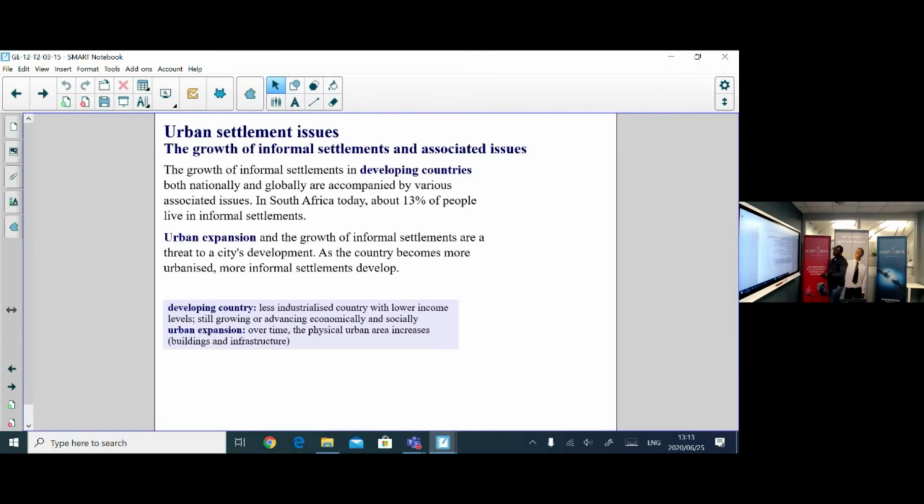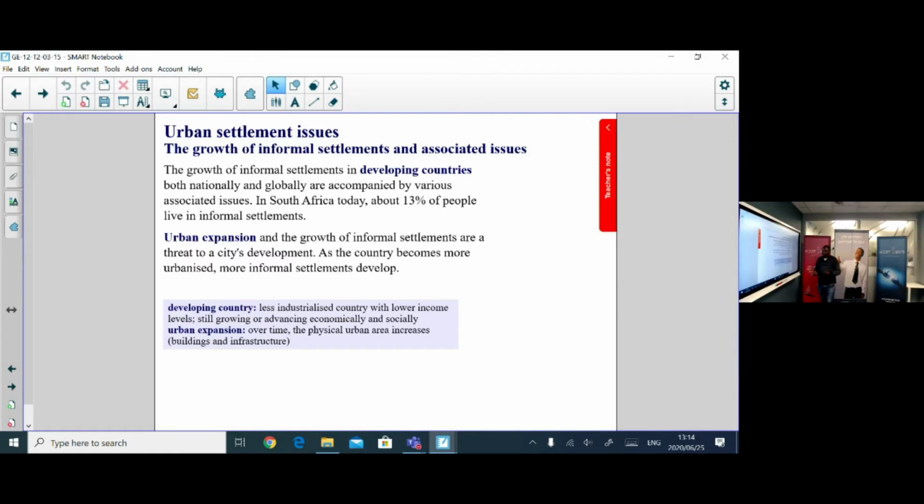Then let's look at what is a developing country. A developing country is a less industrialized country with lower income levels, still growing or advancing economically and socially. And this is where African countries, as well as most Asian countries and South American countries fall under. And when we say developed countries, we're talking of those highly industrialized countries like the United States of America, and mostly the countries in the European Union.